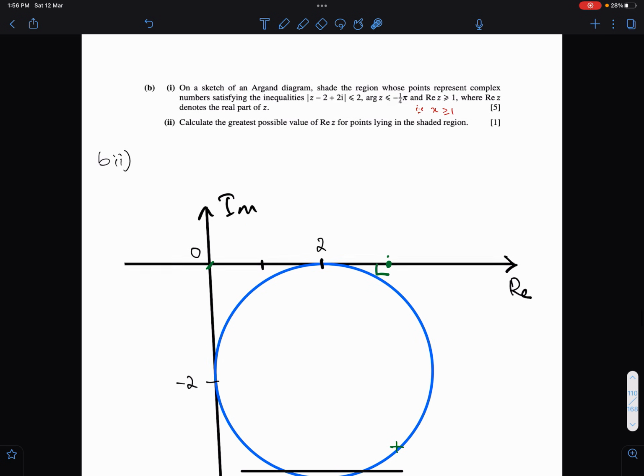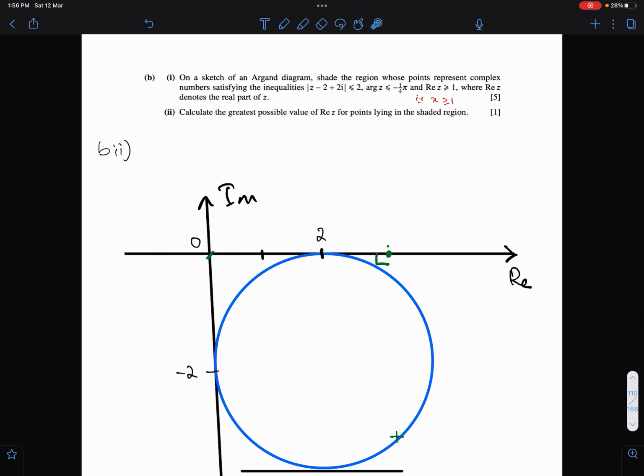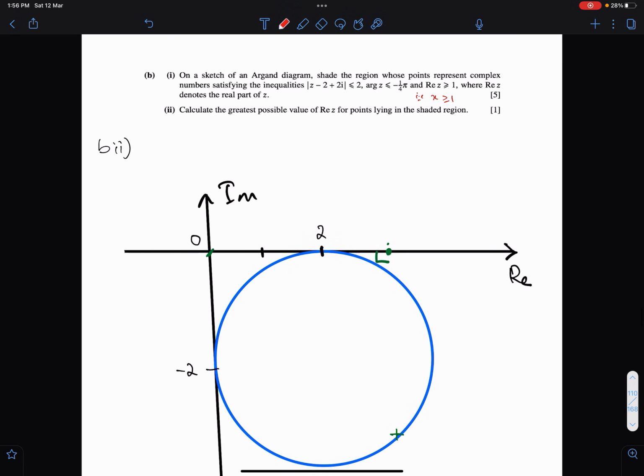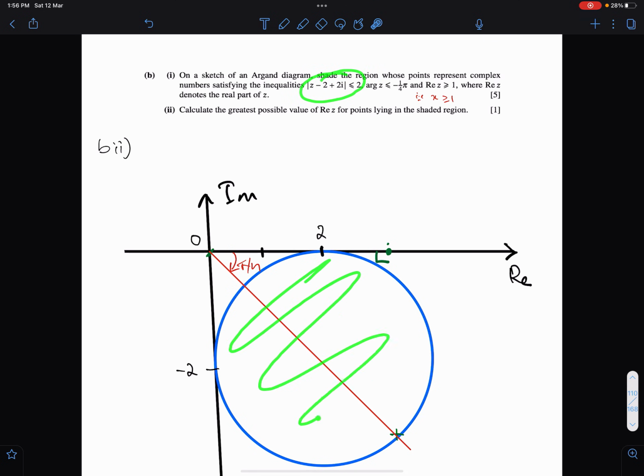Now the next thing is, we have to draw this line, argument z less than or equal to minus pi by 4. This is the line, minus pi by 4. See, according to this inequality, z is inside the circle.